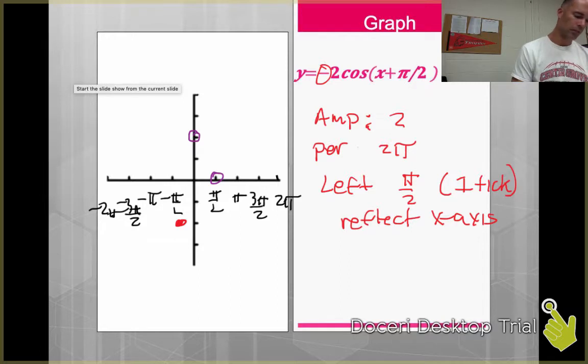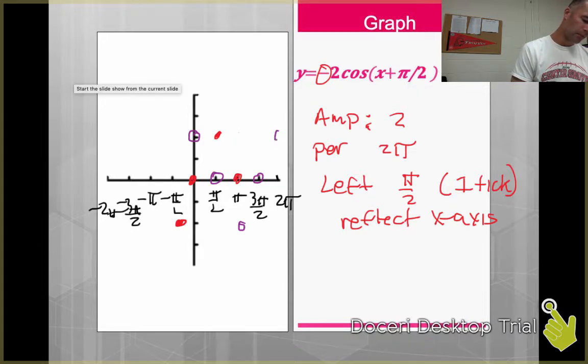Can't reflect over 0 because that's just 0, and then move it to the left 1 tick mark. All right, and then I would come down here to -2, but I have to reflect that over the x-axis, so that puts me up here at +2, and then move to the left 1 tick mark. And then I would come back up to 0, move it to the left 1 tick mark.